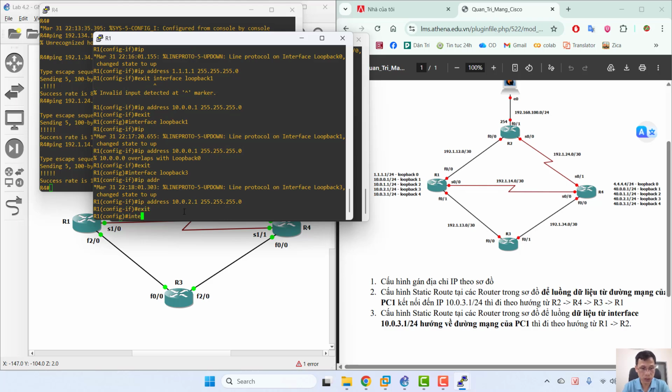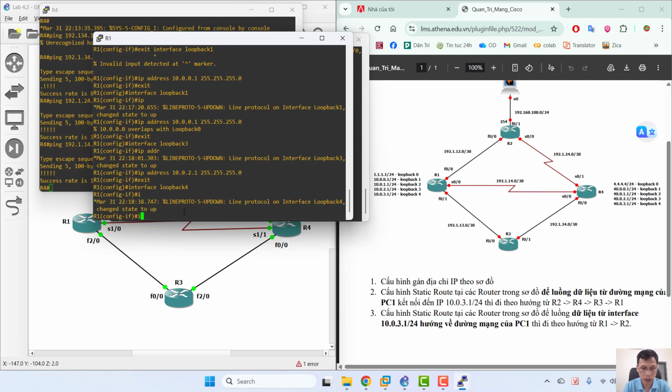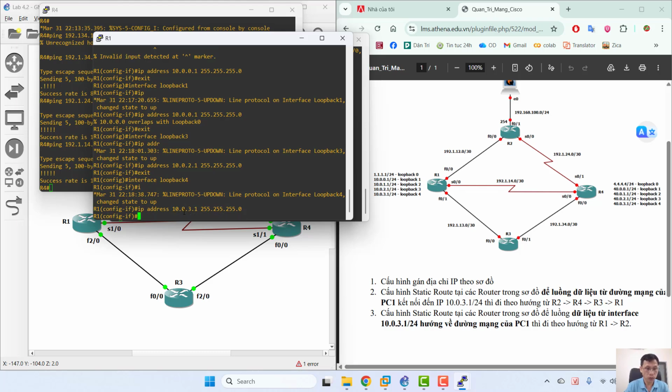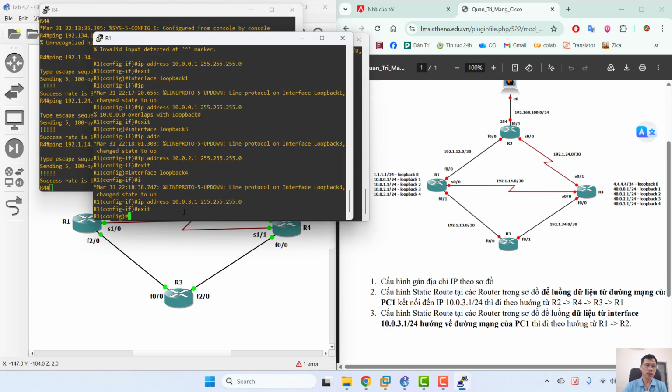Interface loopback 3, IP address 10.0.3.1, 255.255.255.0. Okay, such.